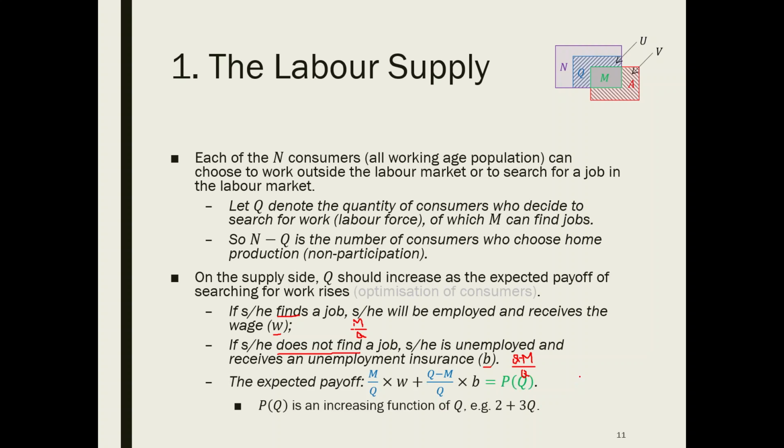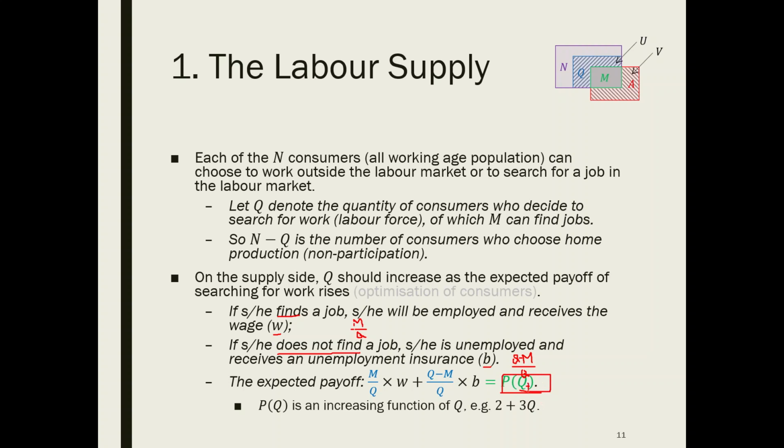Therefore, the expected payoff is equal to the probability weighted average of the 2 cases. Remember that the number of job seekers, Q, is an increasing function of the expected payoff on the left-hand side. To make it general, we use an increasing function of Q, P(Q), on the right-hand side to indicate this positive relationship.